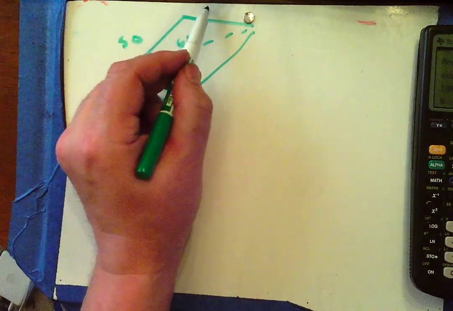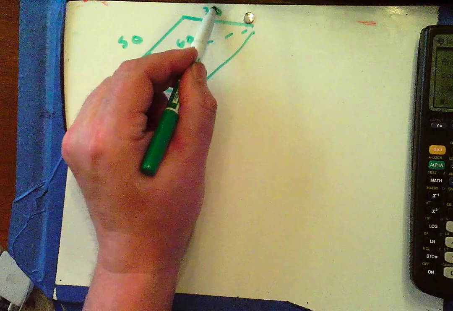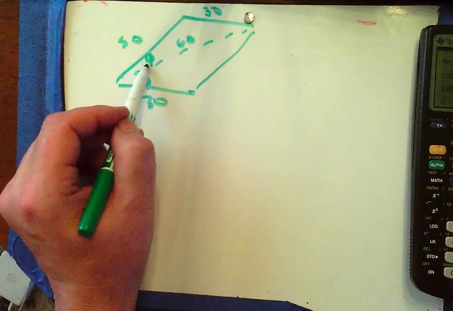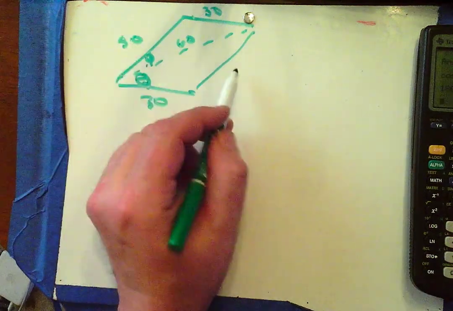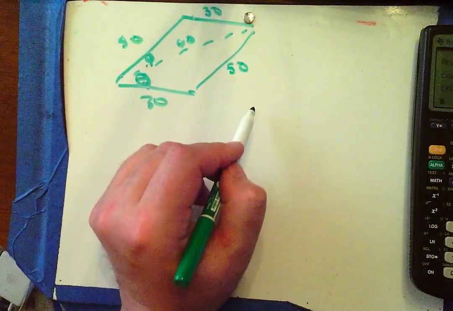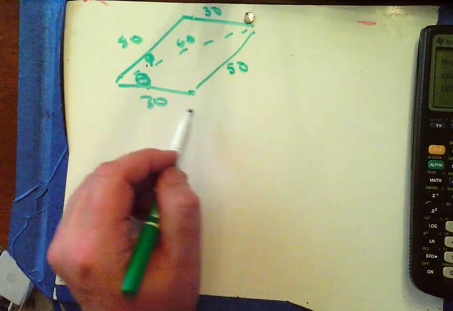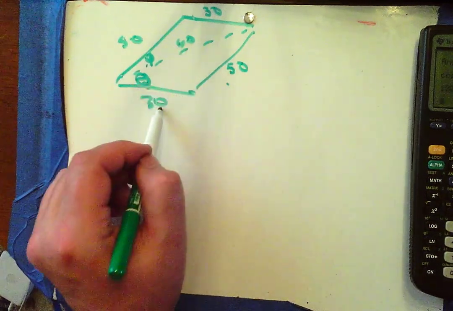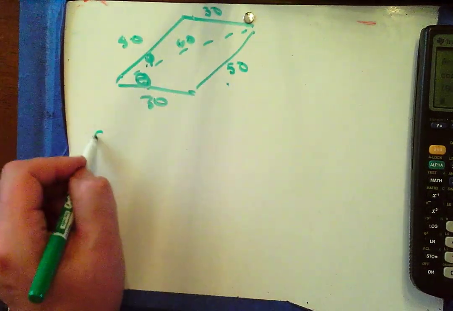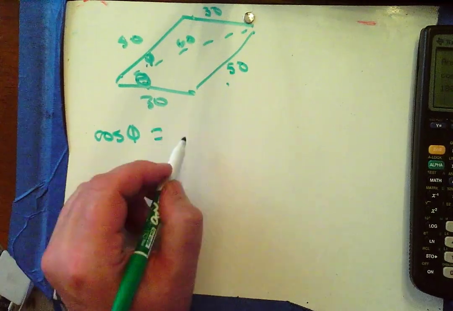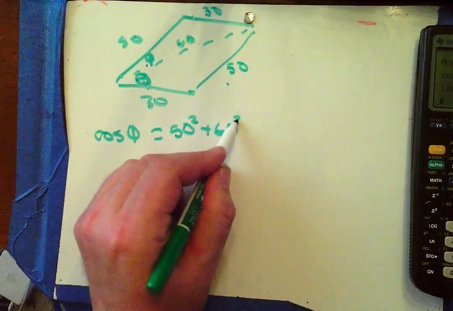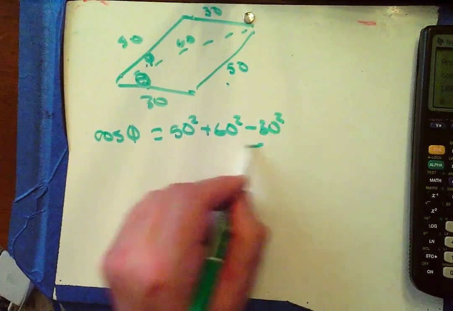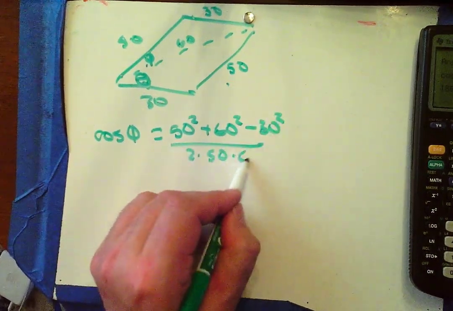Well, conveniently, I know the law of cosines and have side, side, side, so I can find this, and because this is also 50, and I know the law of cosines, and I have side, side, side, I can find that. Cosine of phi is going to be 50 squared plus 60 squared minus 30 squared over 2 times 50 times 60.